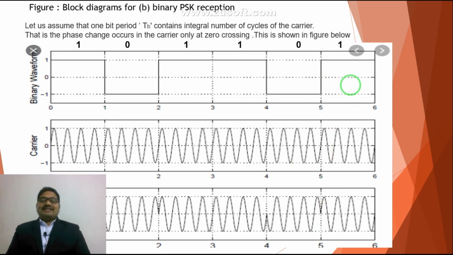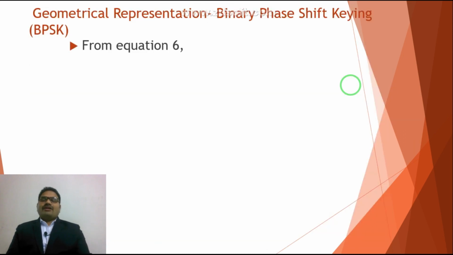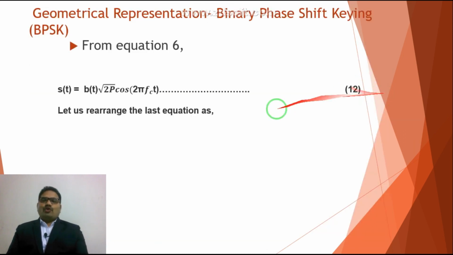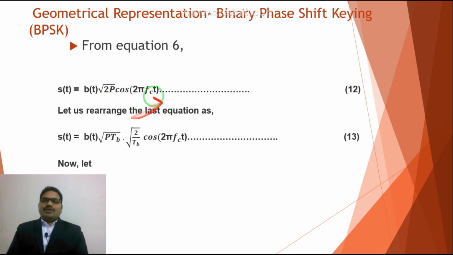Now we will see the geometrical representation of your BPSK. From equation 6, as you know, we have written that S of t is equal to what? b of t square root of 2P cos 2 pi fct. So let us rearrange this equation. By rearranging, we can write it as square root of P Tb into square root of 2 by Tb.